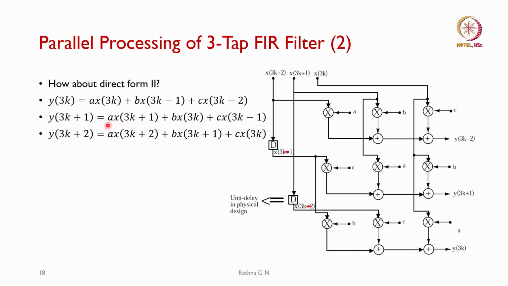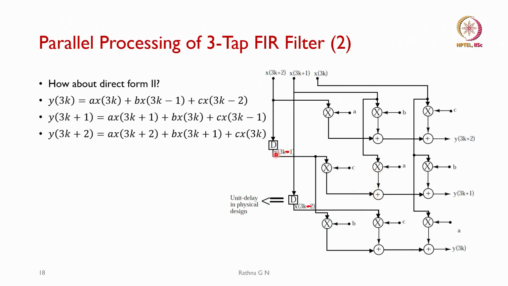We will see how we get a into x of 3k plus 1, the first output. x of 3k plus 1 comes here and is fed to this multiplier, which gives a into x of 3k plus 1, which goes into the adder.